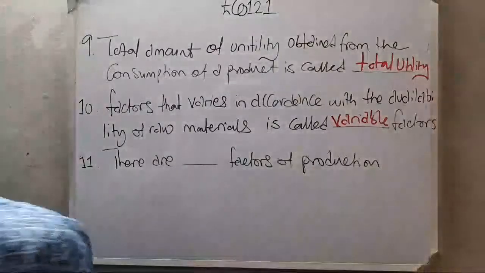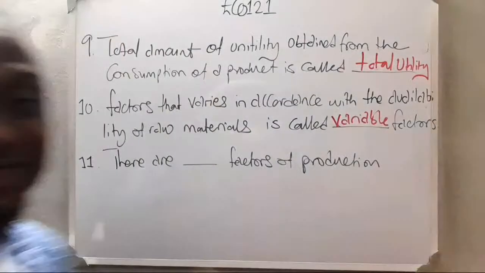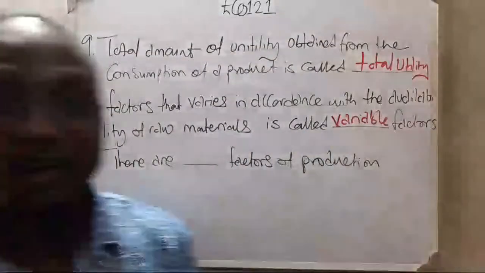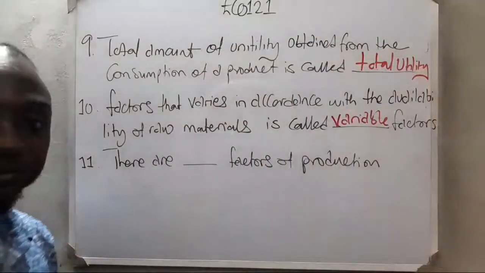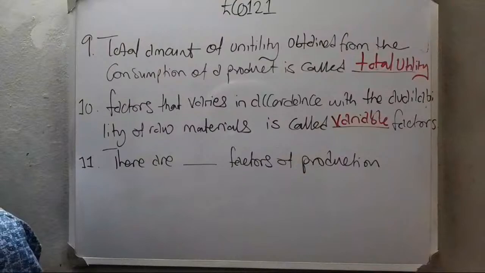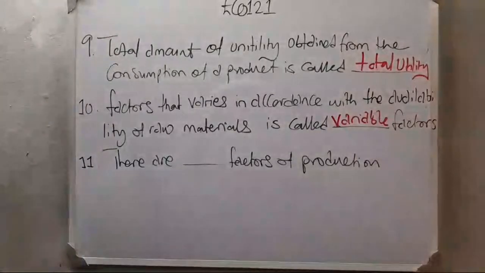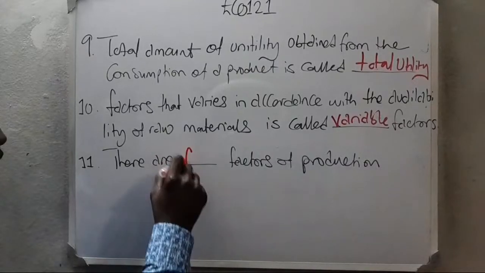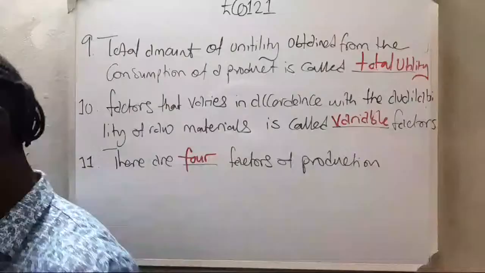Okay, 4. Yes, very correct. We know that there are 4 of them. Please, let's list them out. Mr. Daniel said land, labor, capital. So where did you put entrepreneur, sir? Yes, 4 of them: land, labor, capital, and entrepreneur.